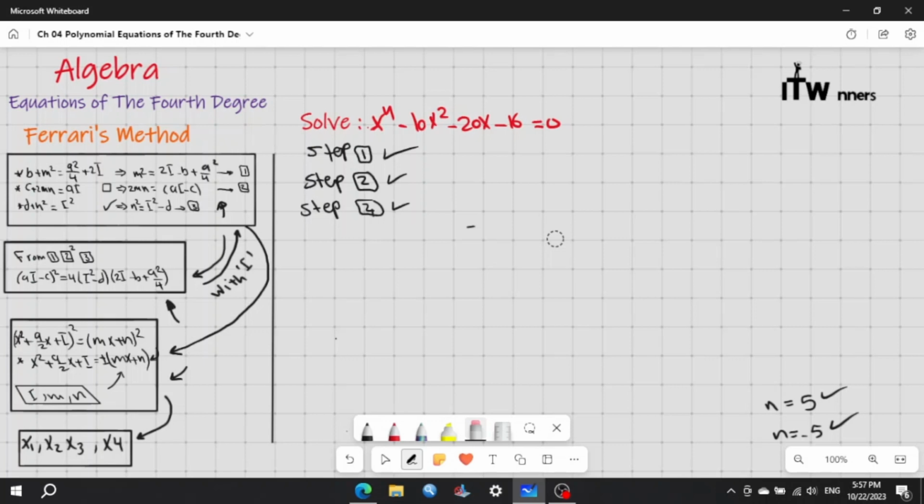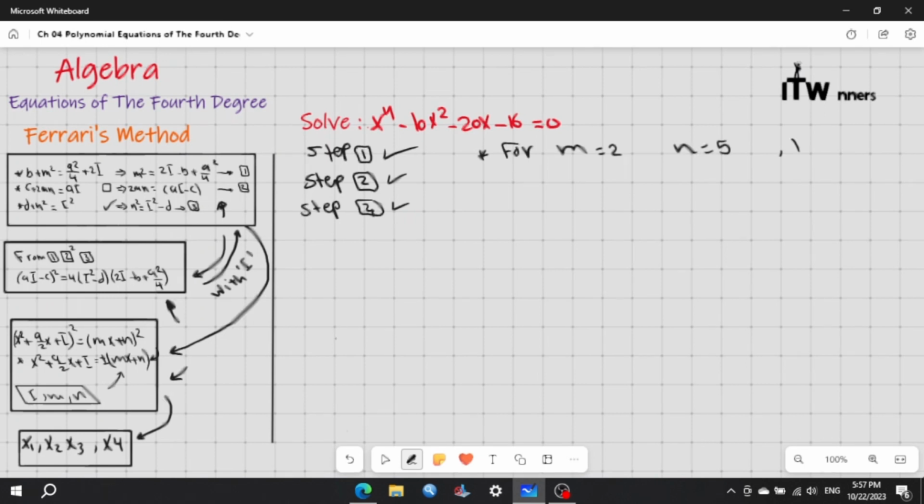For m equal to 2, n equal to 5, and I equal to negative 3, we have x squared plus half of ax, with a equal to 0, plus I, equal to, the first case m equal to 2 and n equal to 5, so we have (2x plus 5).